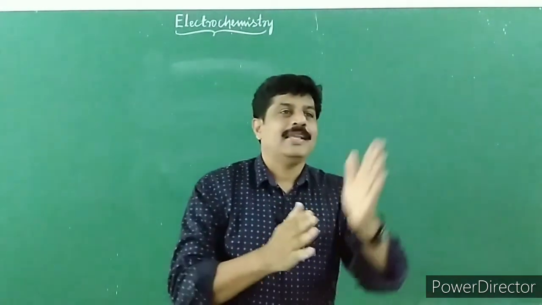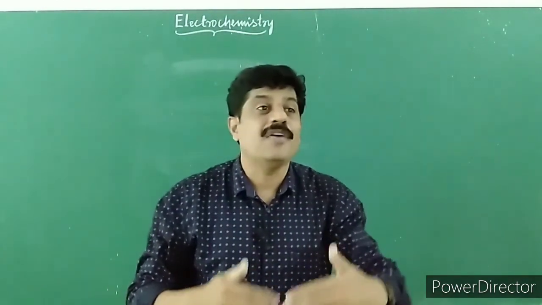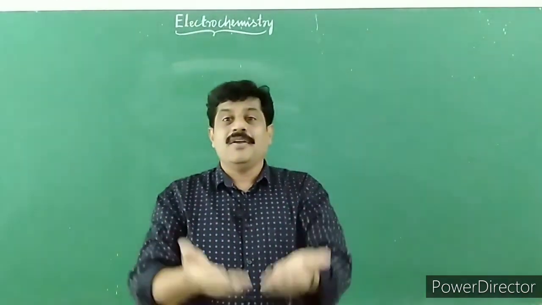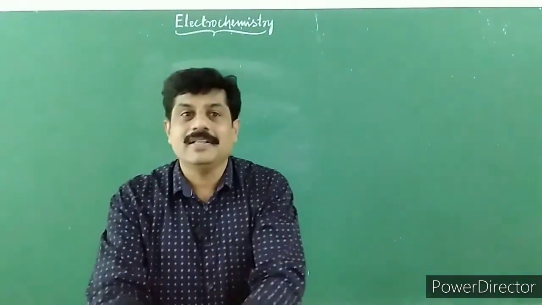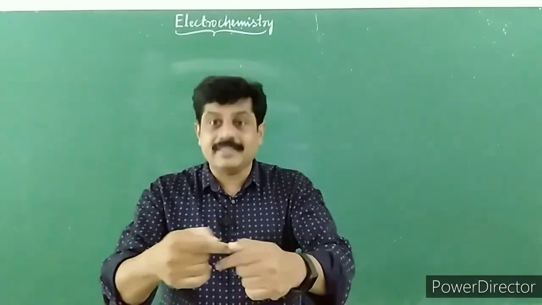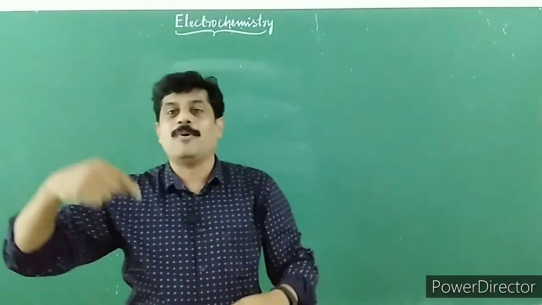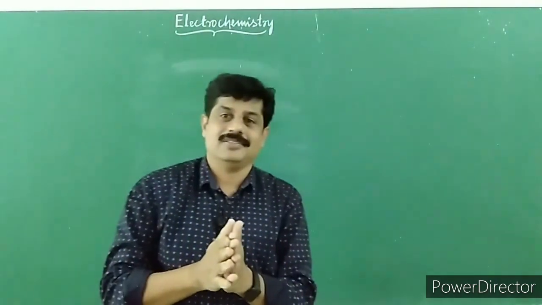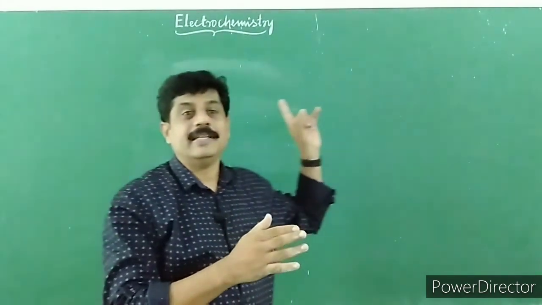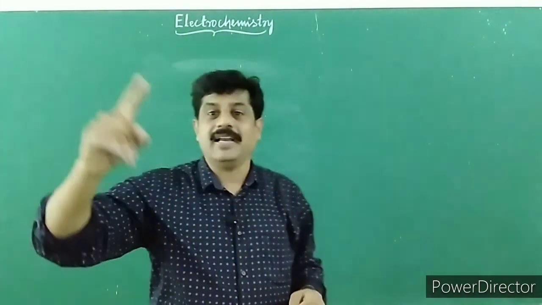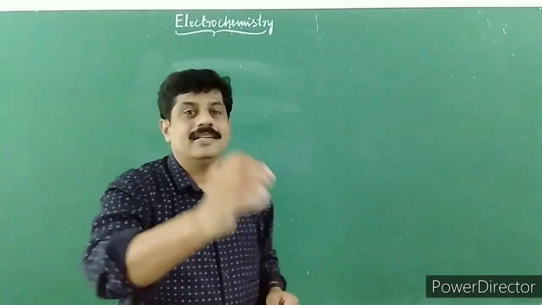In other words, electrochemistry is the branch of chemistry which deals with the study of production of electricity from the energy which is released during the spontaneous chemical reaction and the use of electrical energy to bring about non-spontaneous chemical reactions. Children, in simple terms, this chapter deals with chemical effects of electric current and electrical effect of chemical reaction.